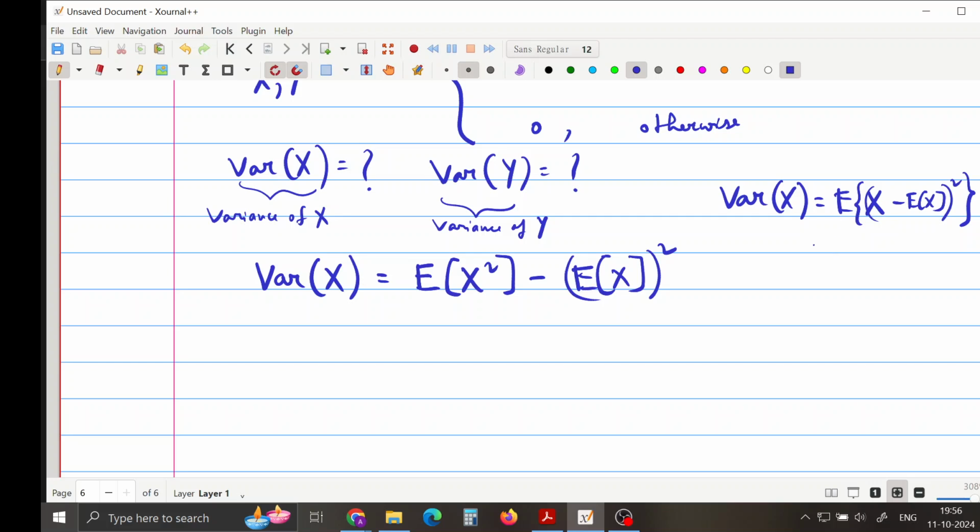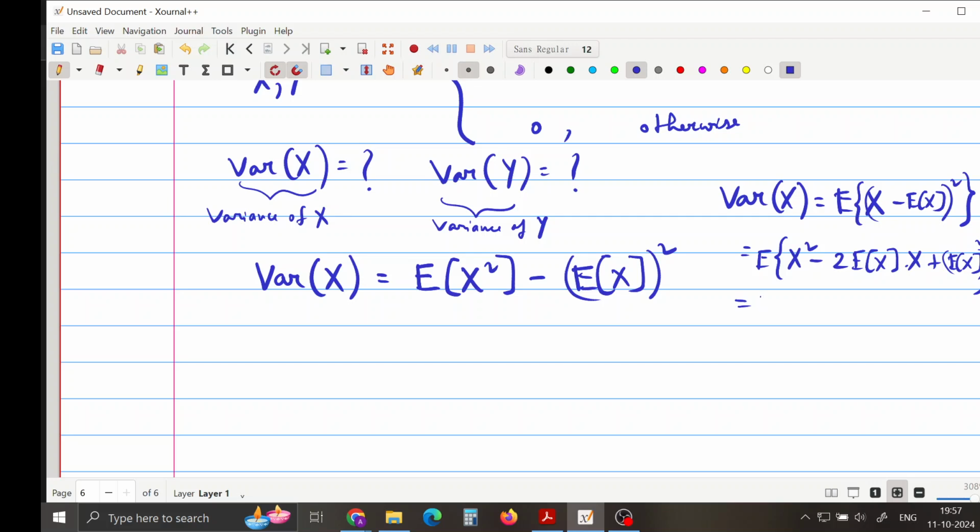So what is this? This is nothing but the expectation of (x minus y) whole squared, so this is x squared minus 2 times expectation of x times y plus expectation of y squared, right?